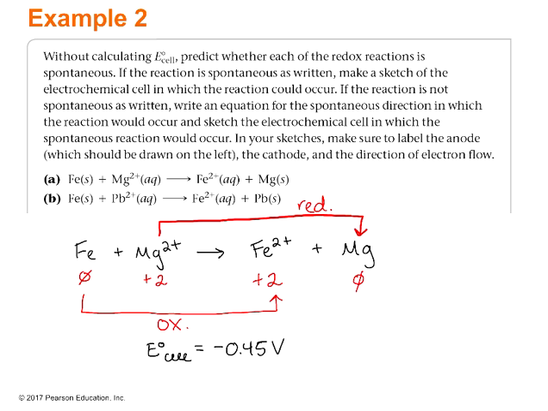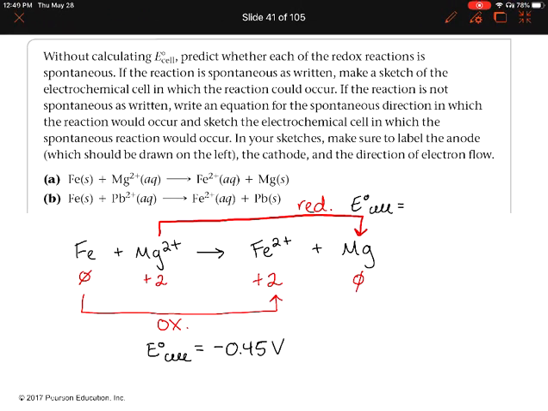And for magnesium, the potential is, oh sorry, I shouldn't be writing cell in there, just E. So for magnesium, the value is negative 2.37 volts.